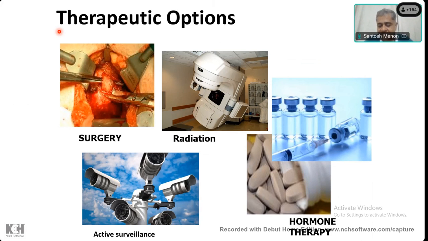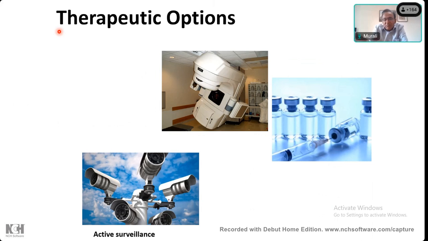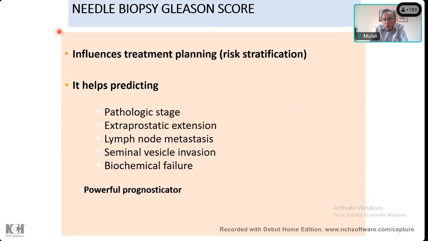The other point is that clinicians in all organs, not just in prostate, don't look at individual pathological findings. They usually put the patient into low risk, intermediate risk, or high risk. In most tumors there are three or four categories. So if your finding is going to move the patient from one category to another, then it becomes more important.